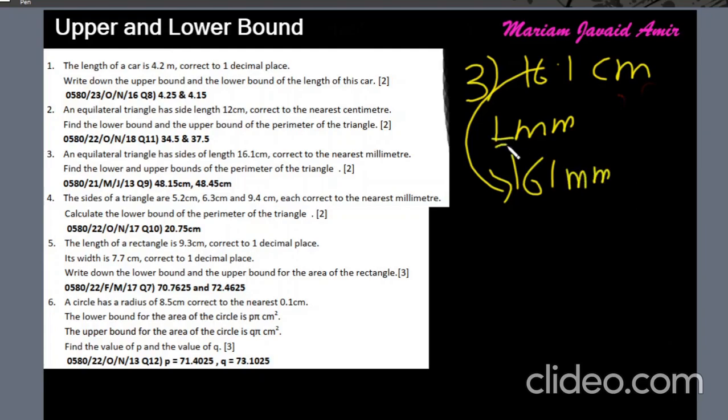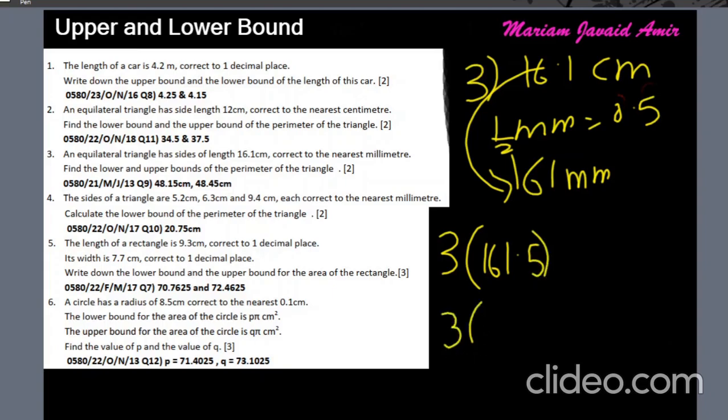Now divide 1 by 2, we get 0.5. So in the end we need upper and lower bound both. So we write 3 times 161 plus 0.5, 161.5, because we're adding 0.5, and the other one will be 160.5 when we subtract 0.5 from it.